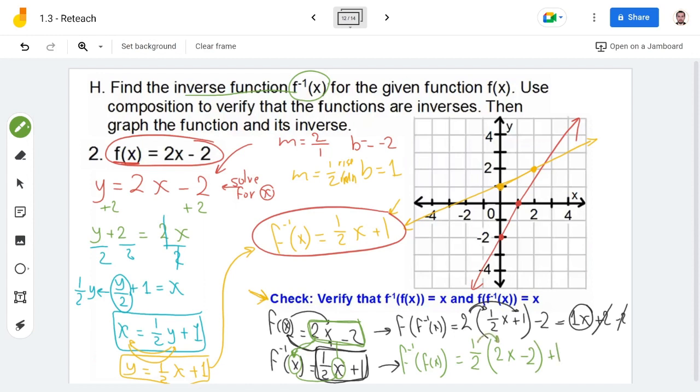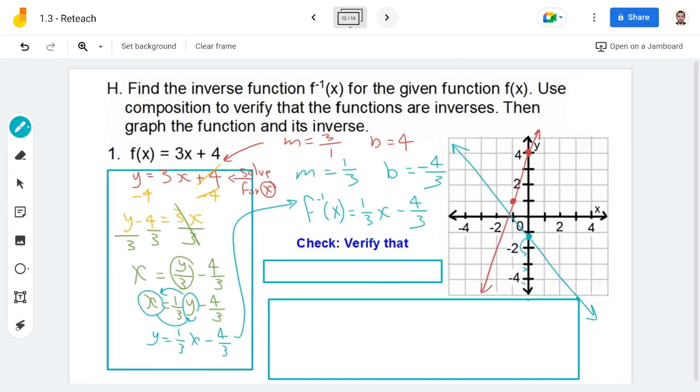Now use the distributive property: half times 2 equals 1x, and half times negative 2 equals negative 1, with a plus 1. So this one cancels that one, and my answer is 1x. Because I have 1x equal to 1x, my inverse function that I found here is correct. So that's how we check and verify.